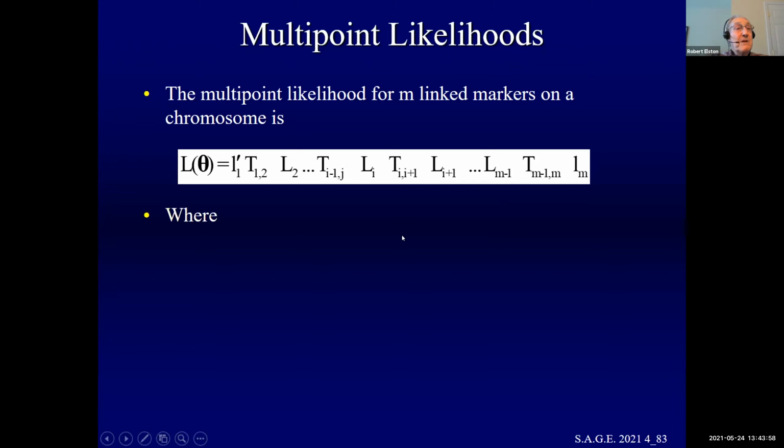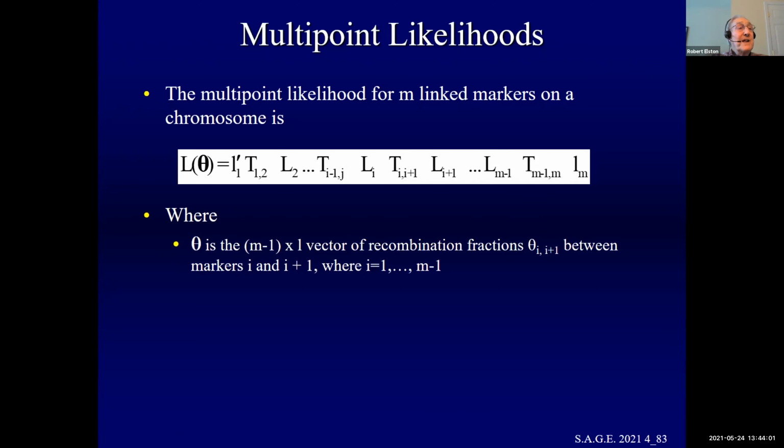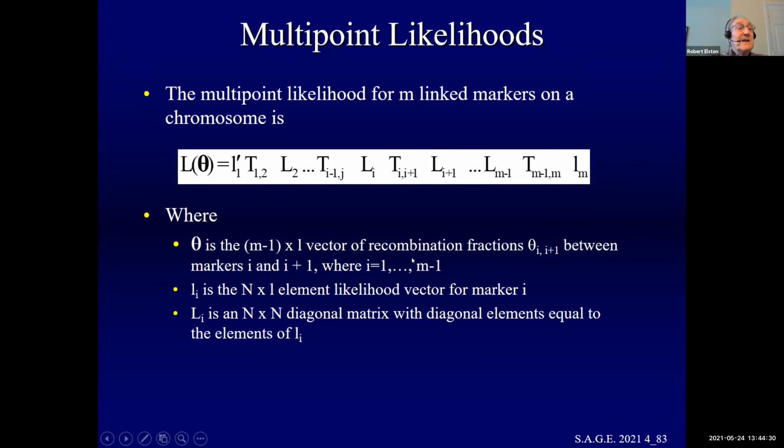You can see that probably better when I give you, that's an m by 1 vector of recombination fractions, theta I plus 1, between markers I and I plus 1, going from I equal 1 to marker 1. Okay. This one is an n by 1 element likelihood vector for marker I, and you keep having them all in here. And lastly, Li is the n by n diagonal matrix with diagonal elements equal to the elements of Li.